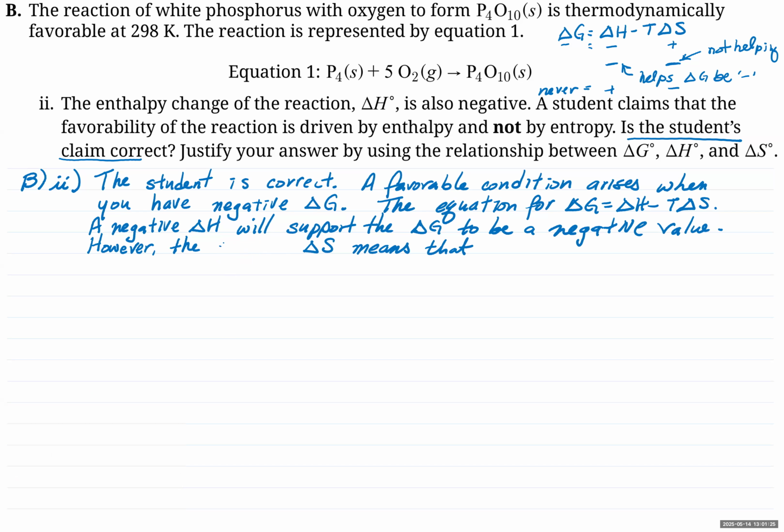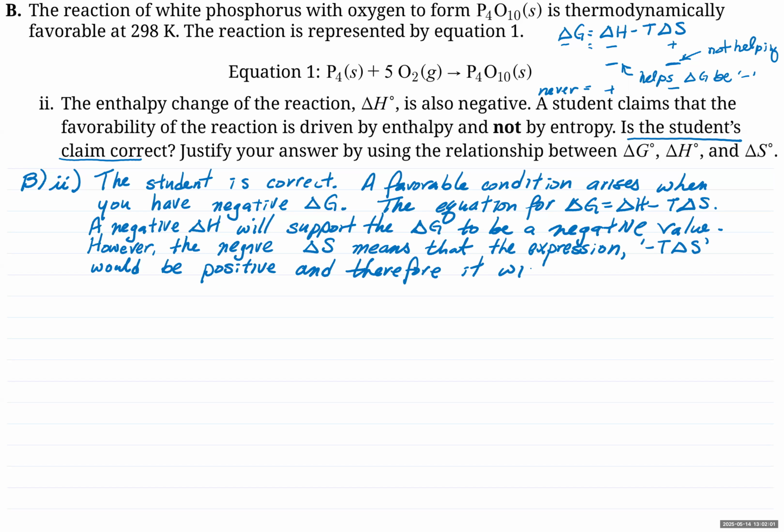So the negative delta S means that the expression negative T delta S would be positive, and therefore it will not help delta G be negative. In other words, a favorable condition.